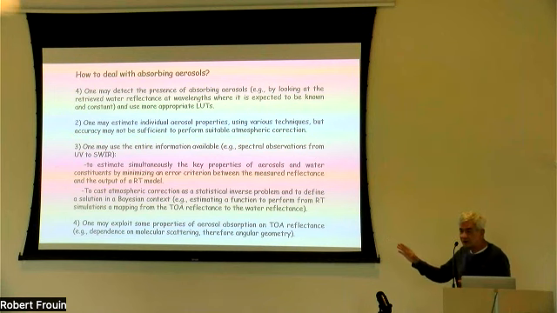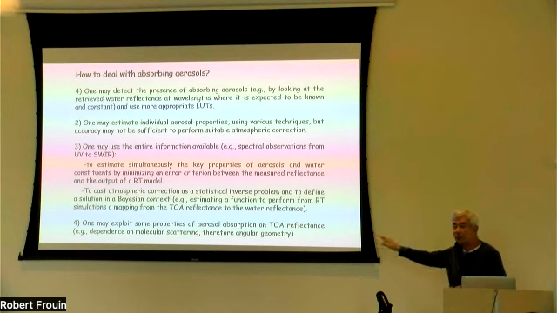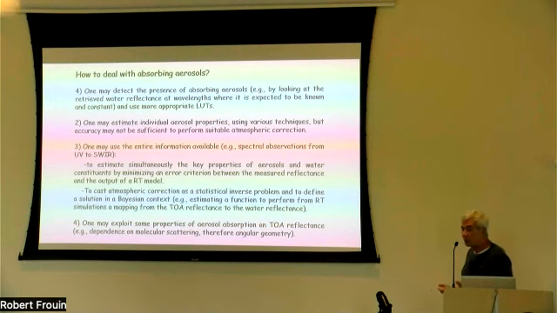So you may say, okay, I'm going to try to estimate these parameters independently using different techniques. But one of the problems you have in this case is that the accuracy on the determination of these individual parameters may be too large to obtain the reflectance with sufficient accuracy.